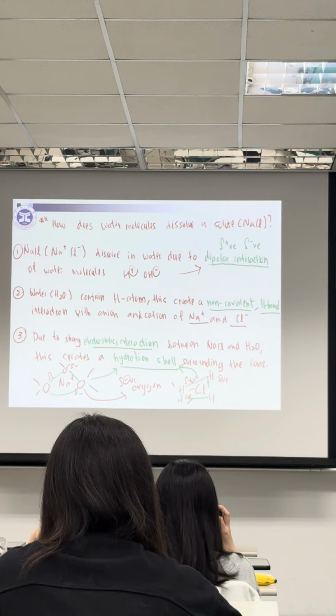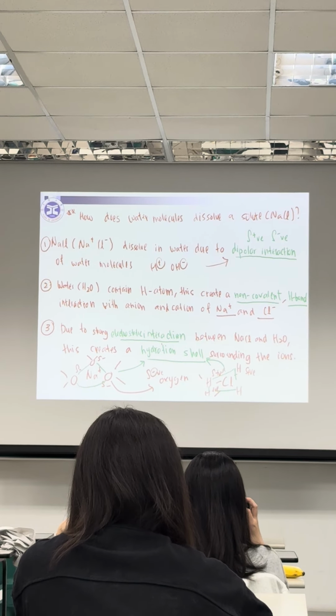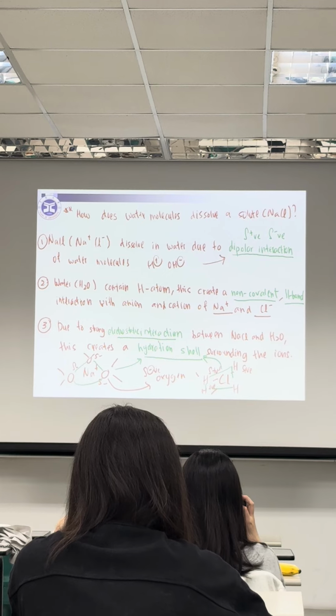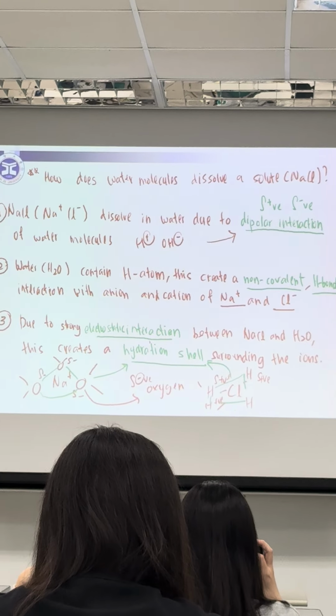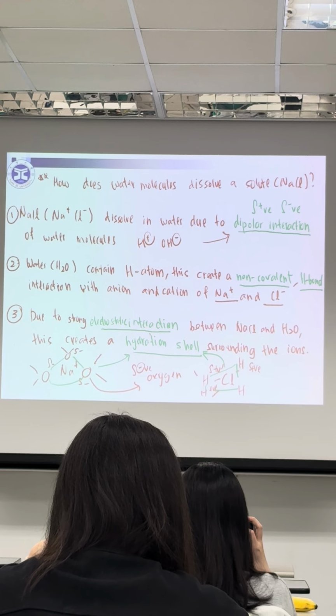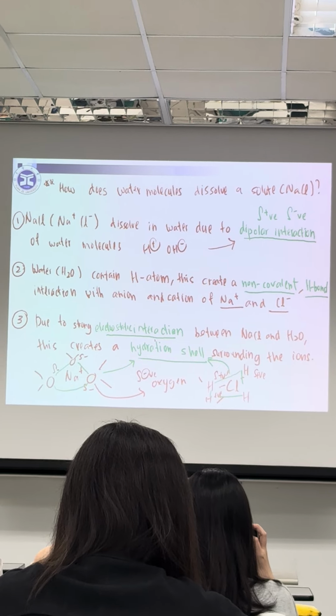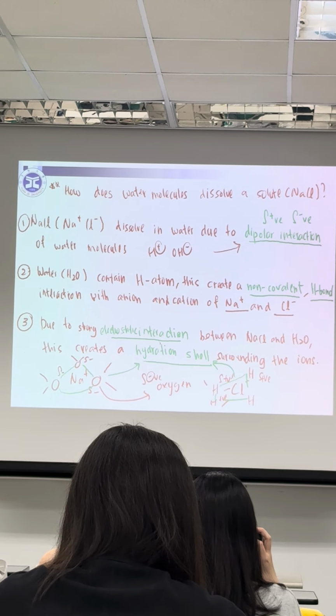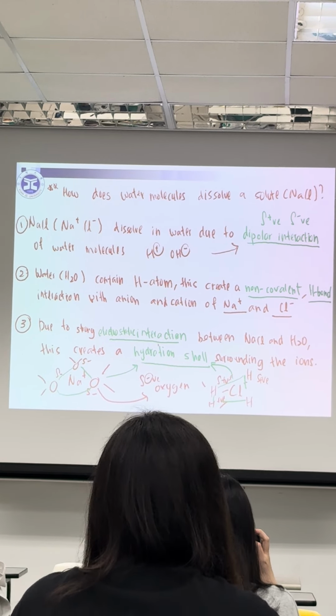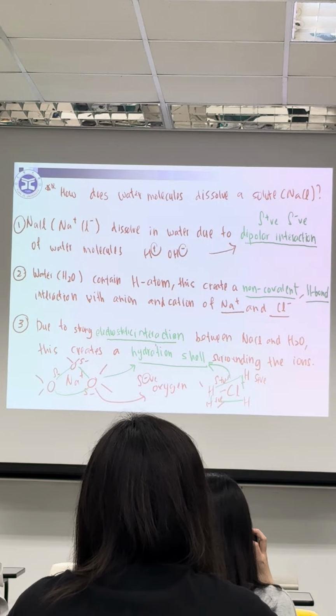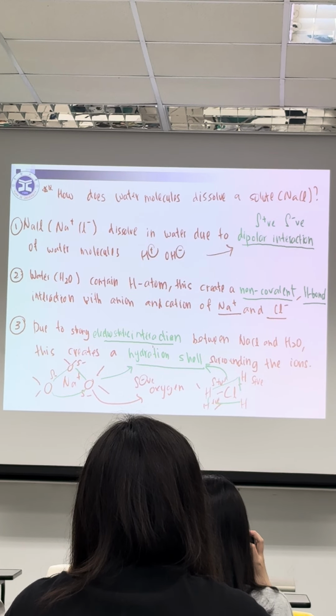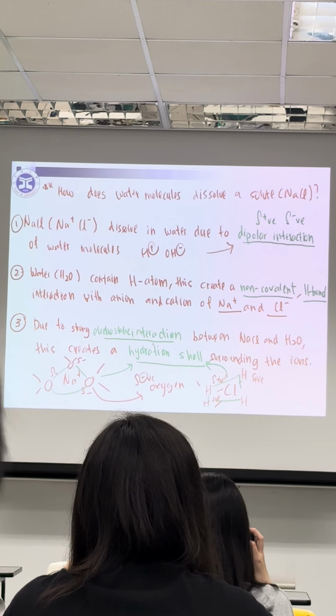So please take note of the keywords. Once they interact, they create dipolar interaction. Meaning that Na plus and Cl minus interact with H plus and OH minus of the water.